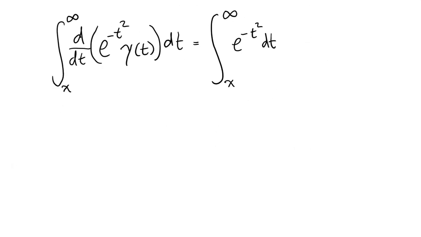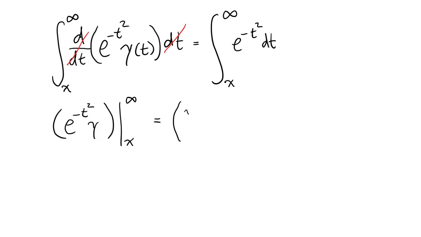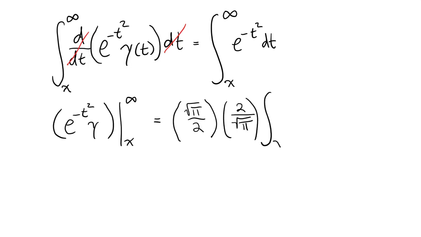Well, the d/dt and the dt cancel, and what we get left with is e to the minus t squared times y, evaluated from x to infinity, and this is equal to, well, we can do the same method as before. We do square root of pi over 2 times 2 over root pi. That cancels out to be 1, and then we multiply it by the integral from x to infinity of e to the minus t squared dt.